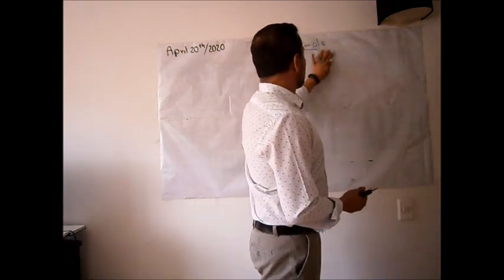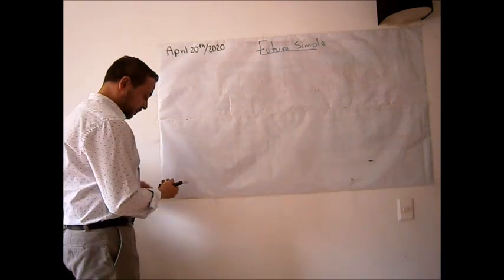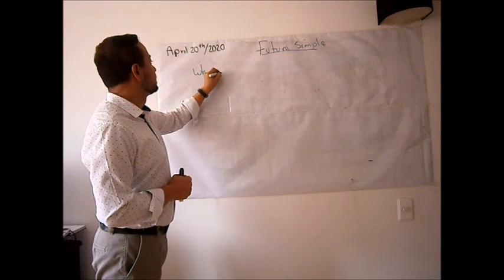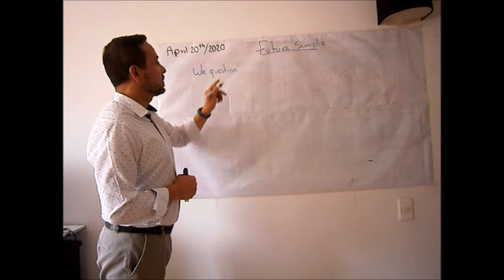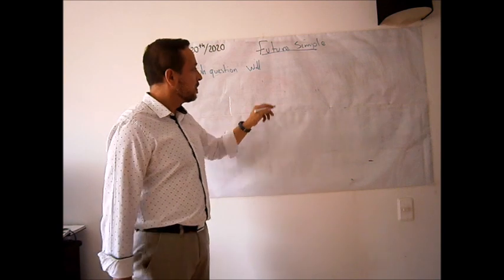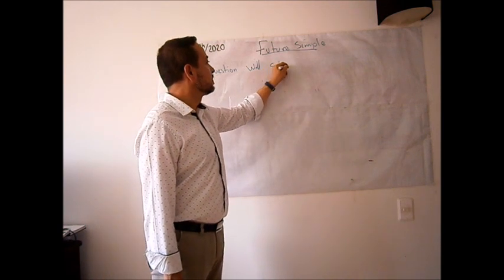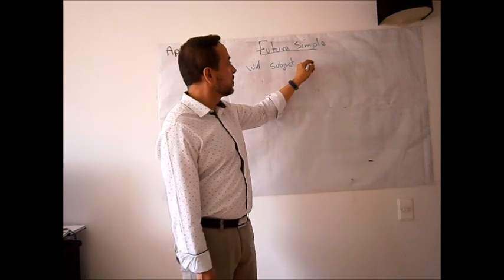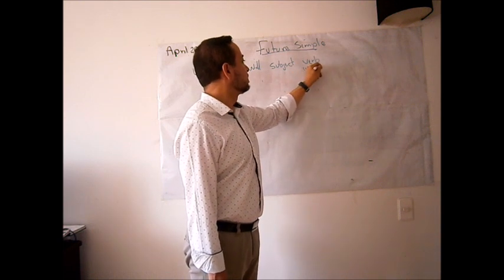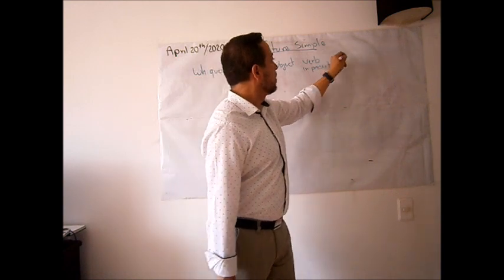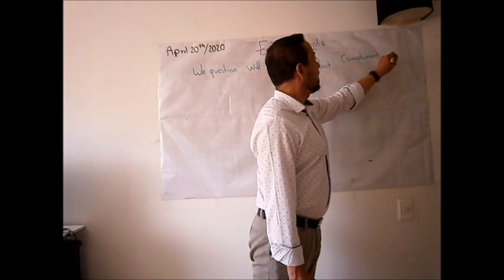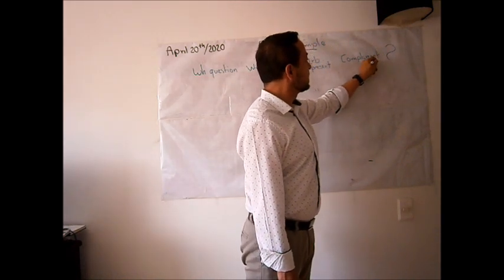Okay, remember that when we do WH questions, we put first the WH question, then we put will, then we put the subject, and then you put the verb in present, and we put the complement, and close with an interrogative sign.